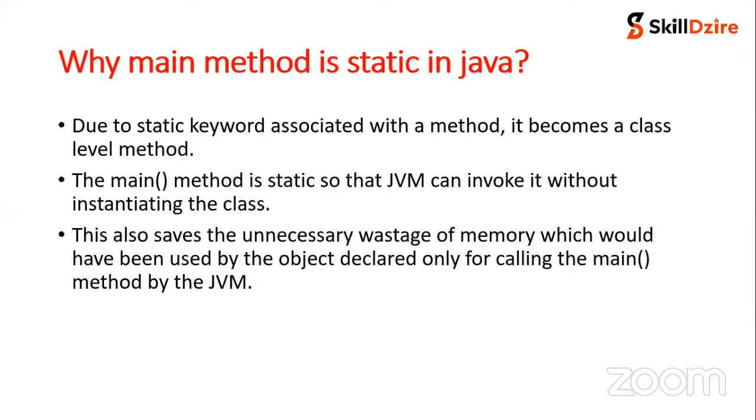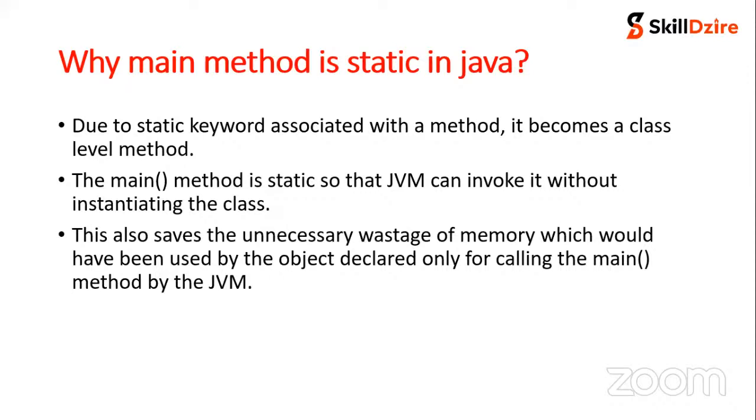If you are creating the object of a class, JVM needs to allocate specific memory to it. So the length of your code will increase, and there will be memory wastage, because every time an object is created, the JVM has to allocate some memory to that object.